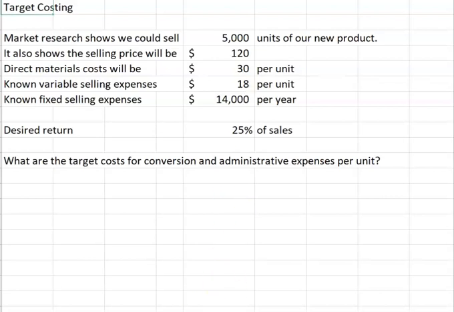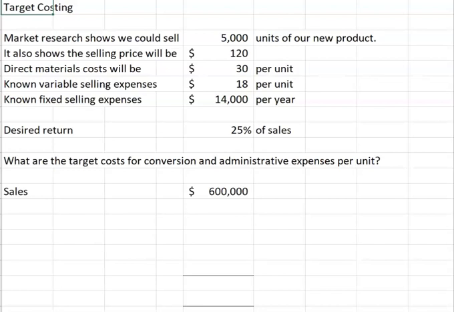So what we want to start off with is our sales, and we get our sales by taking the number of units times the selling price. Then we need to subtract all of our costs.